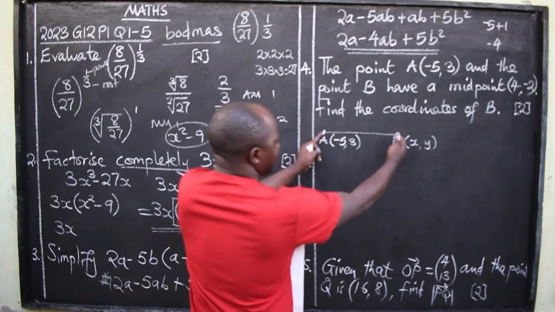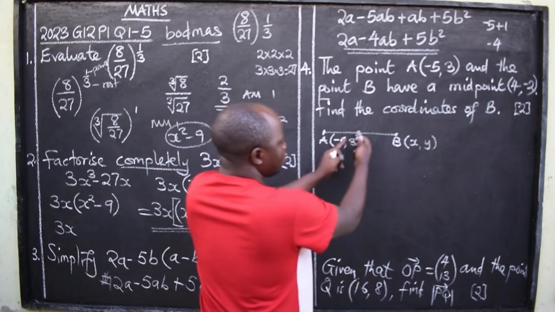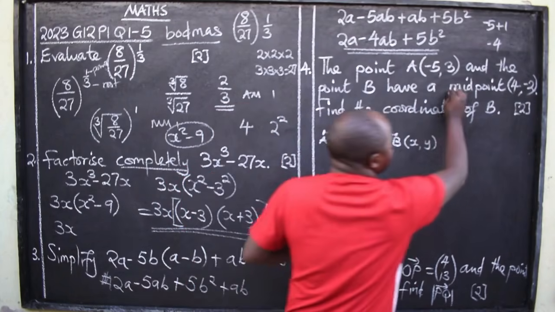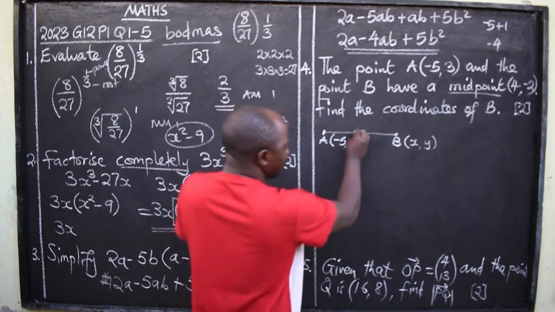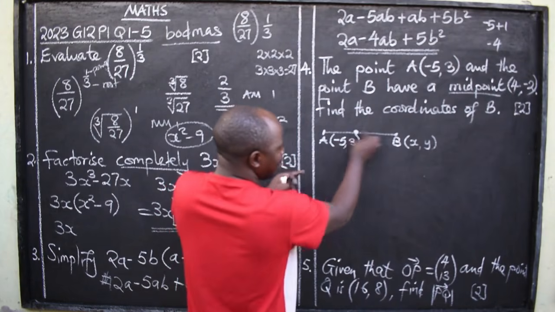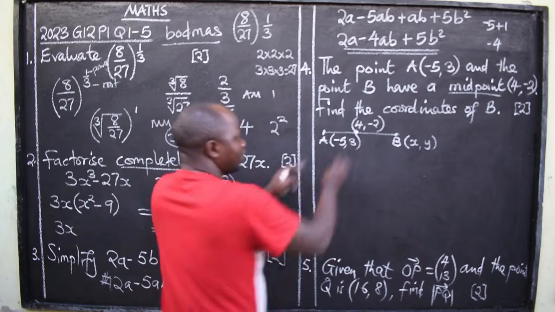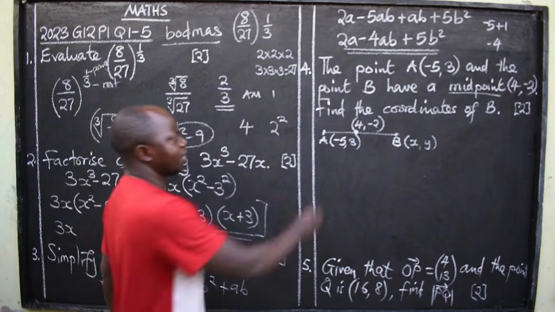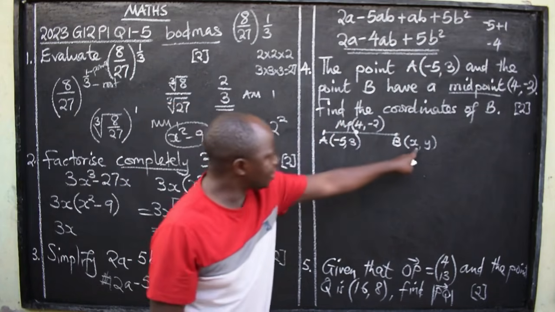So midpoint, this is the length of AB. Then the midpoint is the halfway. That is midpoint. Midpoint, halfway. So the midpoint here, this midpoint, exactly halfway, is 4, -2. So this is the information that you have been provided. Find these coordinates here.